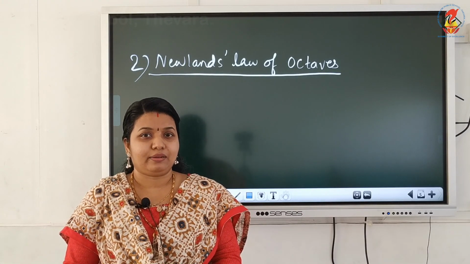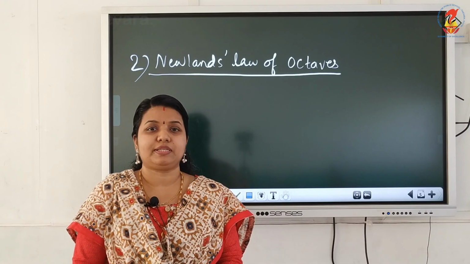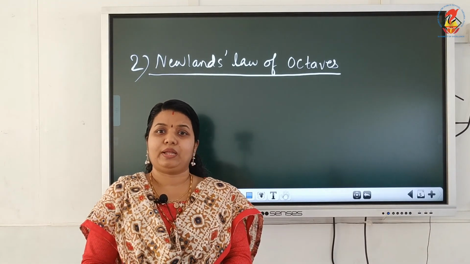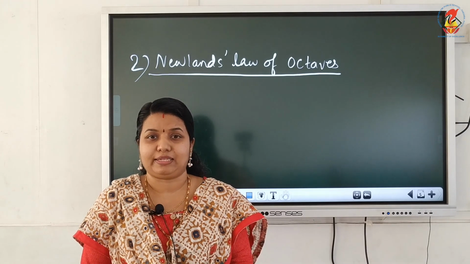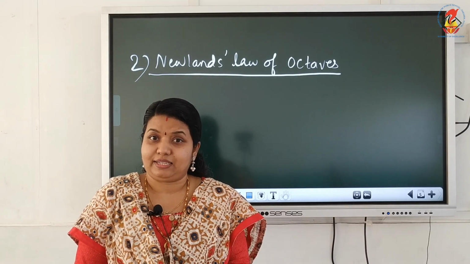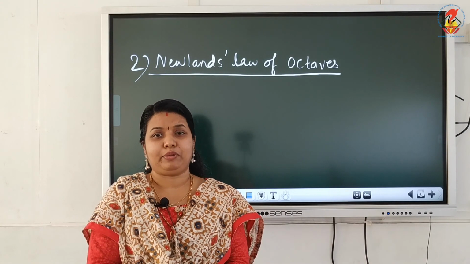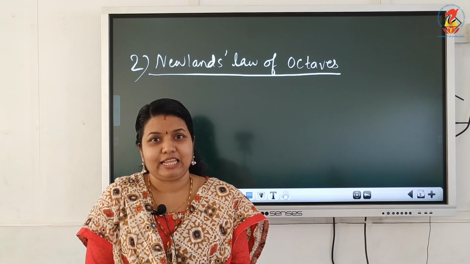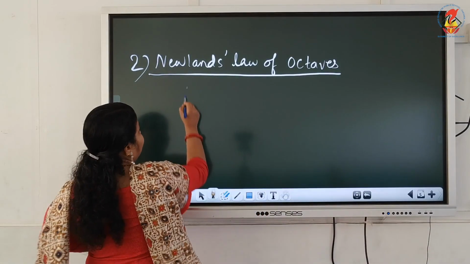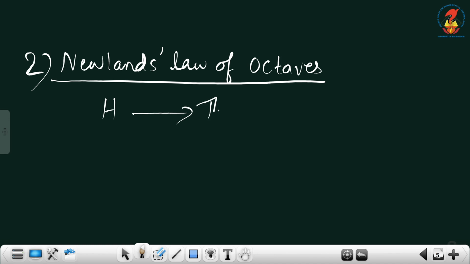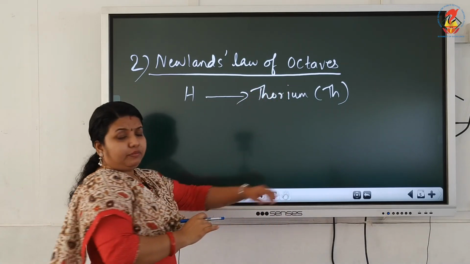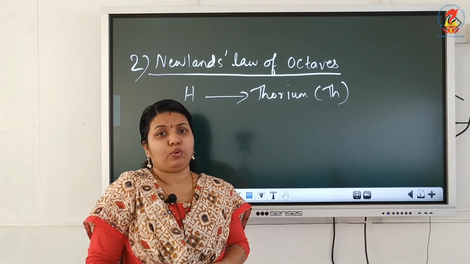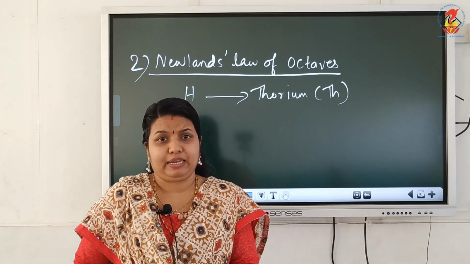So the 56 elements known at that time were arranged in the increasing order of atomic mass. He started with the lightest element with the lowest atomic mass, hydrogen, and ended at thorium with the symbol Th, which was the 56th element.